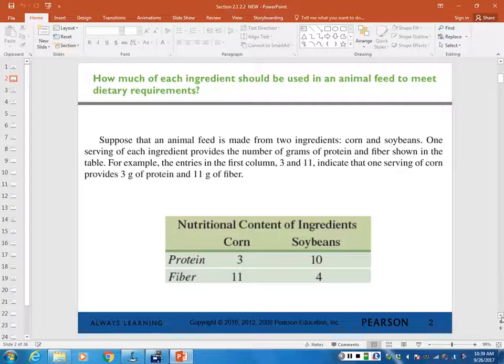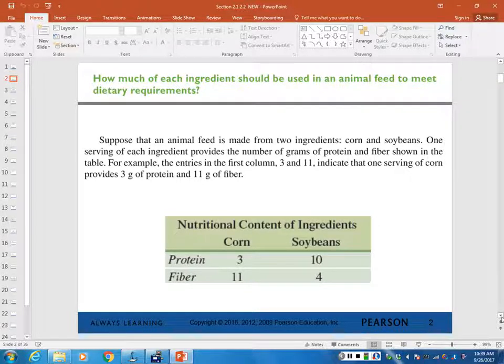So suppose an animal feed is made from two ingredients, corn and soybeans. And one serving of each ingredient provides a specific number of grams of protein and fiber, and that's shown in this chart. So what the chart tells us is that one serving of corn provides 3 grams of protein and 11 grams of fiber.